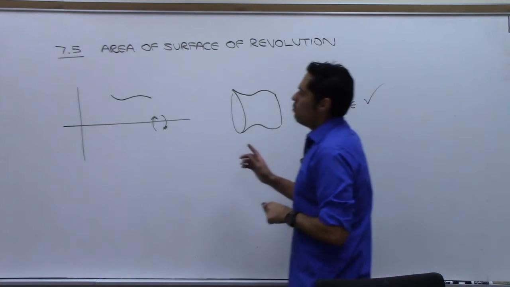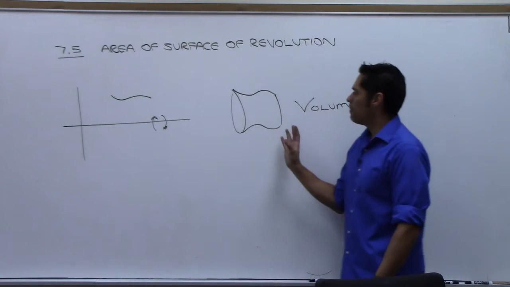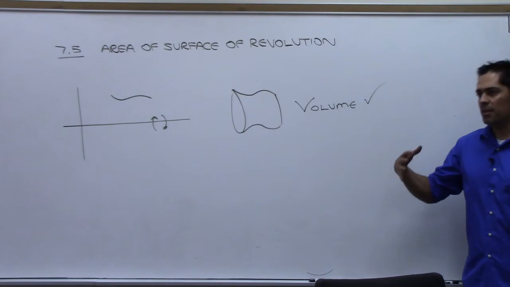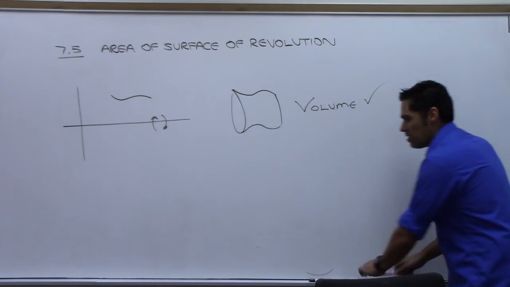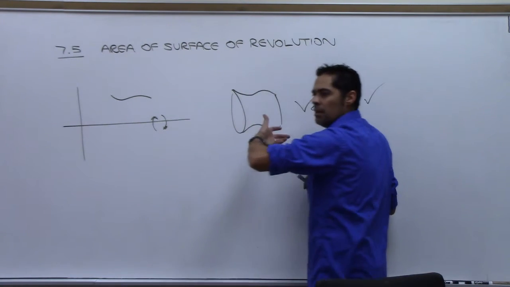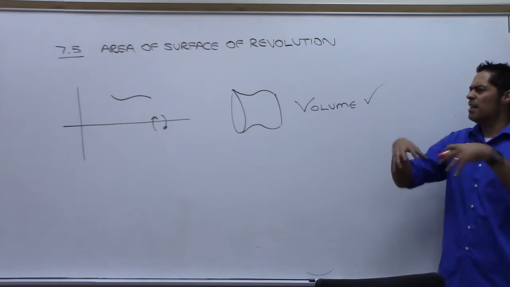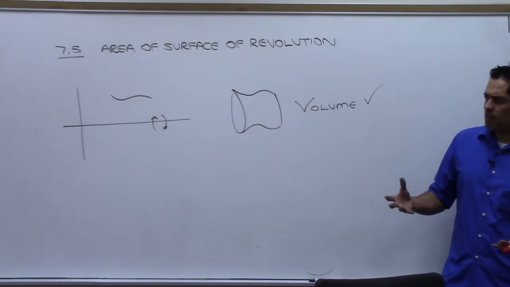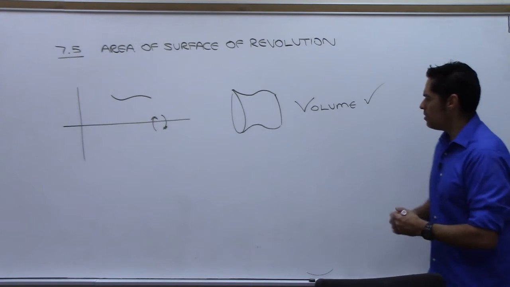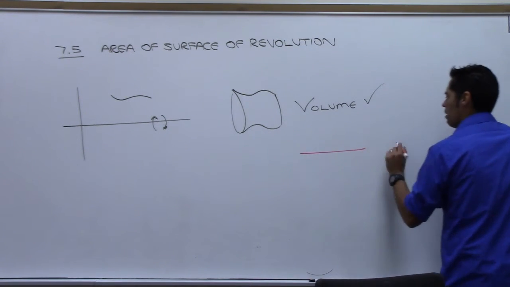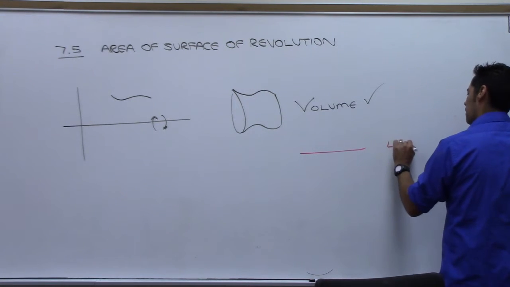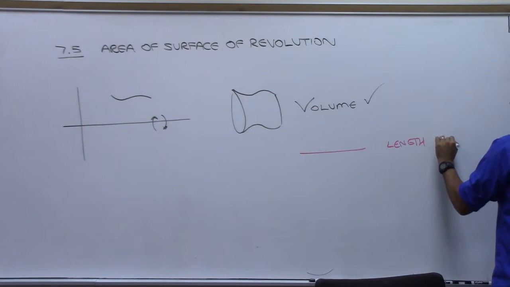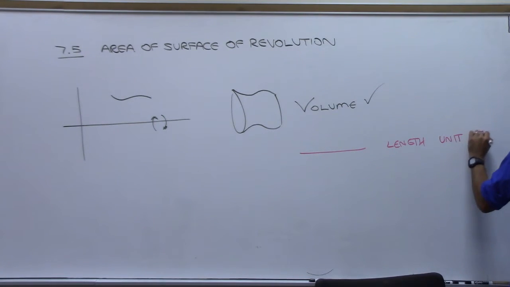Instead of asking what the volume of this is, what if we were asking what is the area of the surface of this? In other words, the outside of it is area, as opposed to filling it up with something, which would be volume, right? So is everyone comfortable with that? When you measure length, it's just your units, for example, feet.